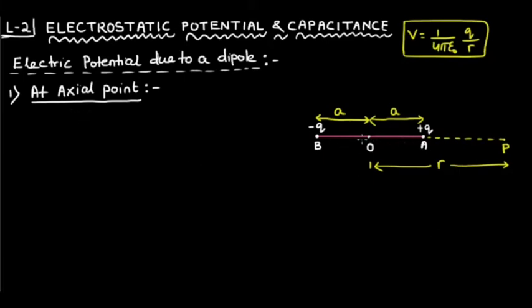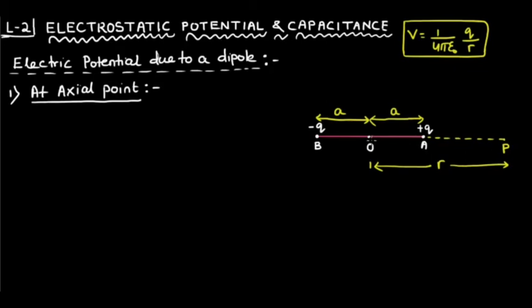So look at the diagram here. We have an electric dipole consisting of two charges, minus q at the point B and plus q at the point A. The separation between the two charges is 2a, meaning the dipole length is 2a.